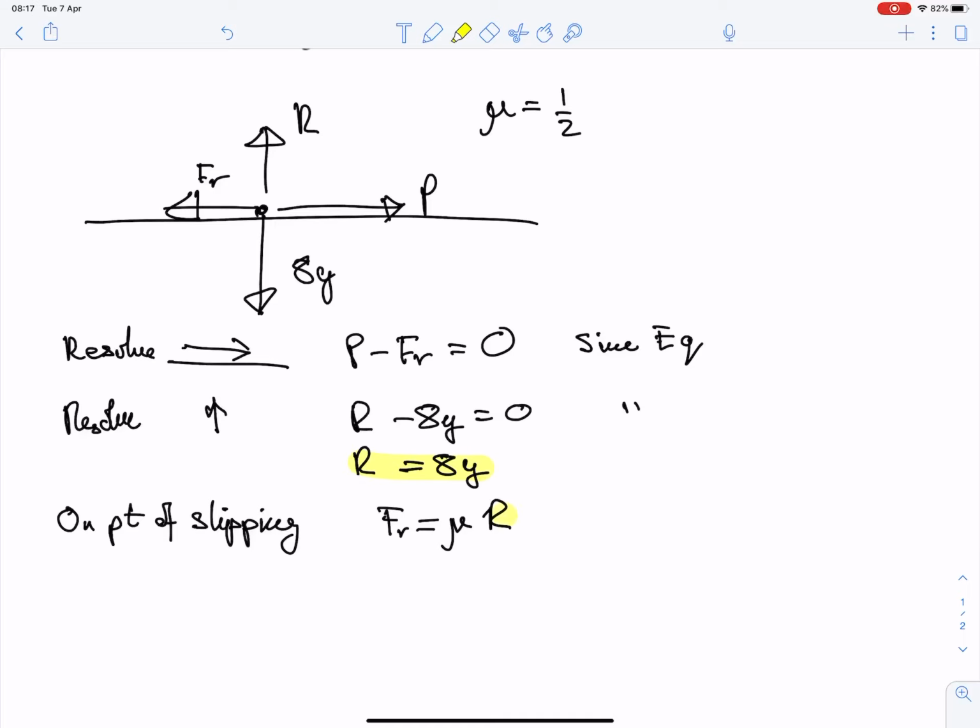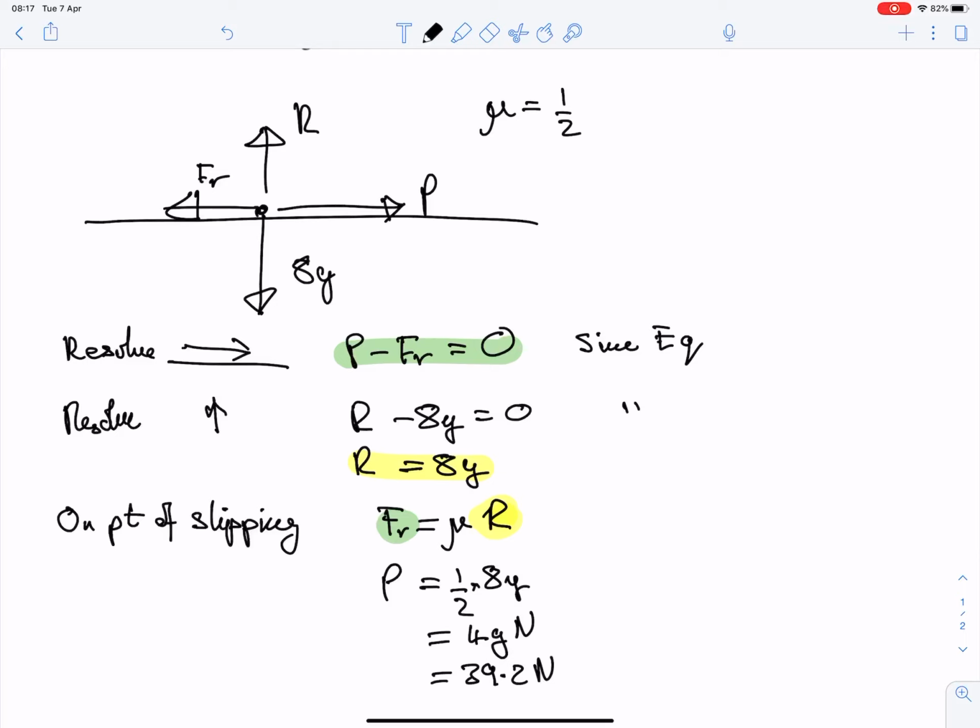R equals 8g goes in for R, and the friction is equal to P, so we can substitute in for the friction. P equals mu, which is a half, times R, which is 8g. So P equals 4g newtons. Well, g is 9.8, so that's 40 minus 0.8, which is 39.2 newtons. You can check that on a calculator.